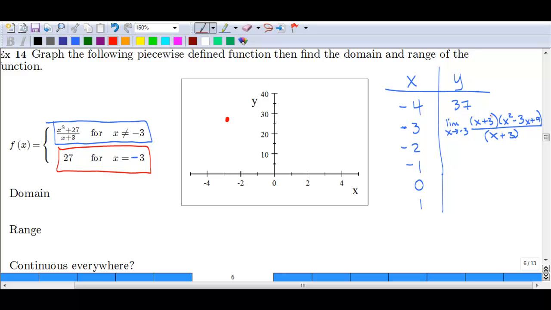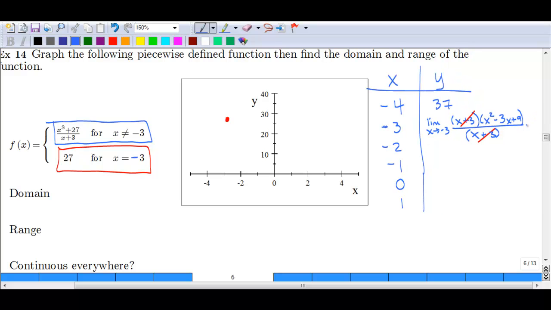And that nicely simplifies those x plus 3's. Once we do that, we plug in -3, and we end up with -3 squared, which is 9, -3 times -3, which is 9, and 9. So 9 plus 9 plus 9 is 27. Hey, that worked out very nicely, didn't it? So our limit here ends up being 27. So we've got that open dot where our closed dot is.